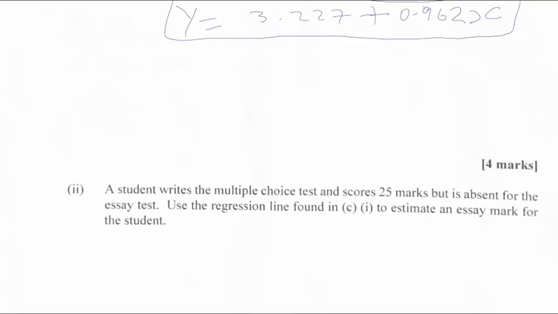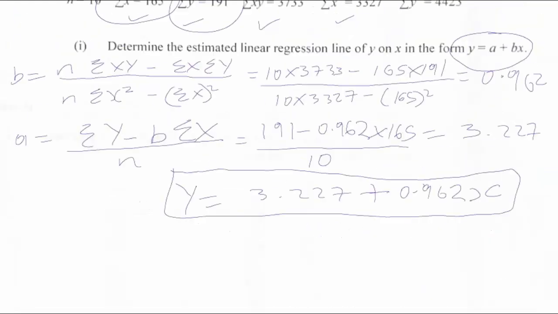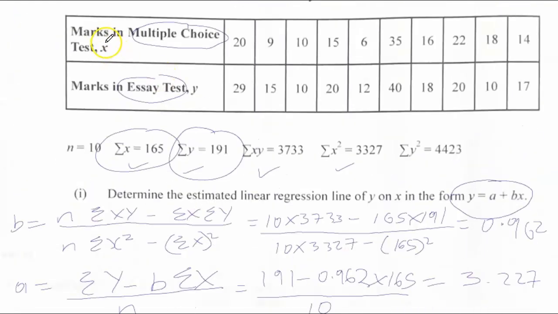Use your regression line found in C to estimate the mark of the student. So the regression line is y equals 3.227 plus 0.962x. We are told that the multiple choice score is 25, and the multiple choice score is what x represents.